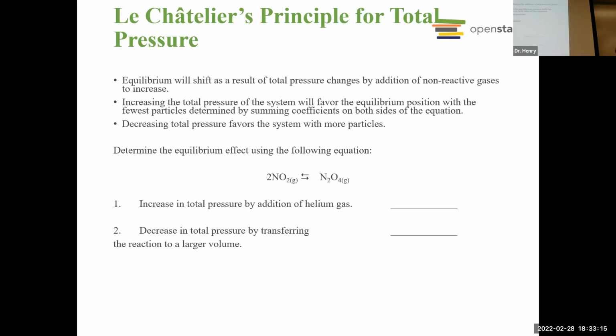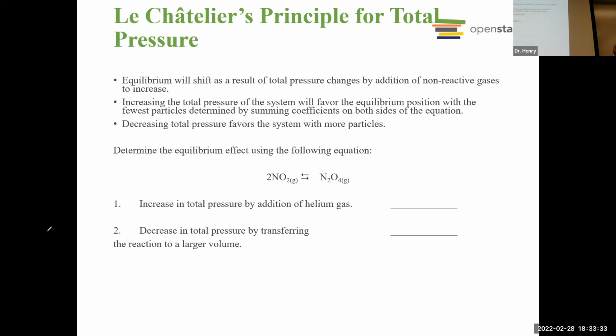So if we increase the total pressure of the system, then it's going to be based upon how many you have on your product side and how many you have on your reactant side, okay?